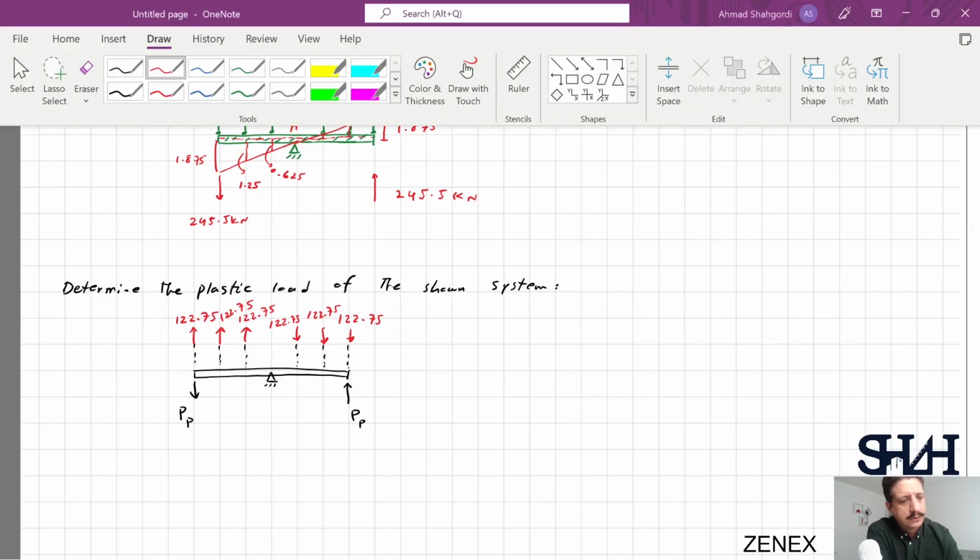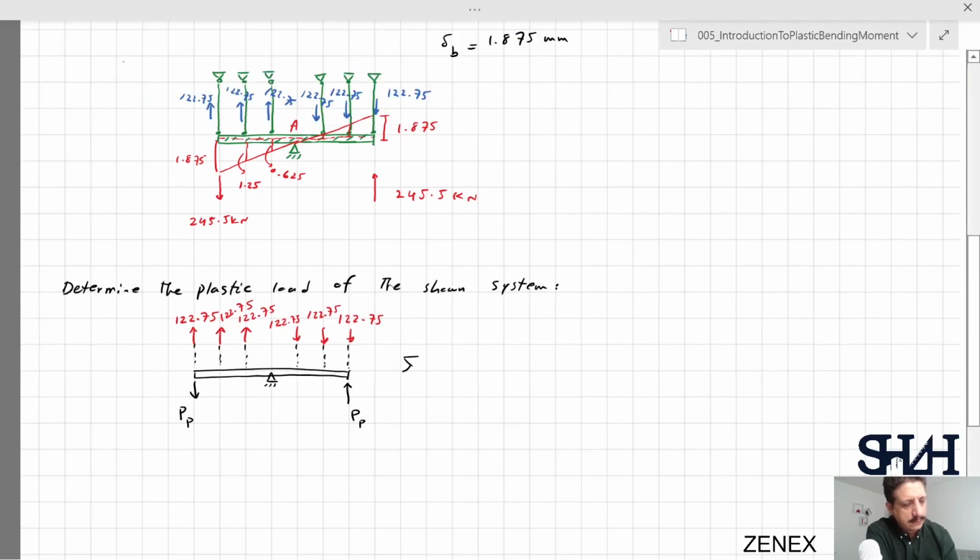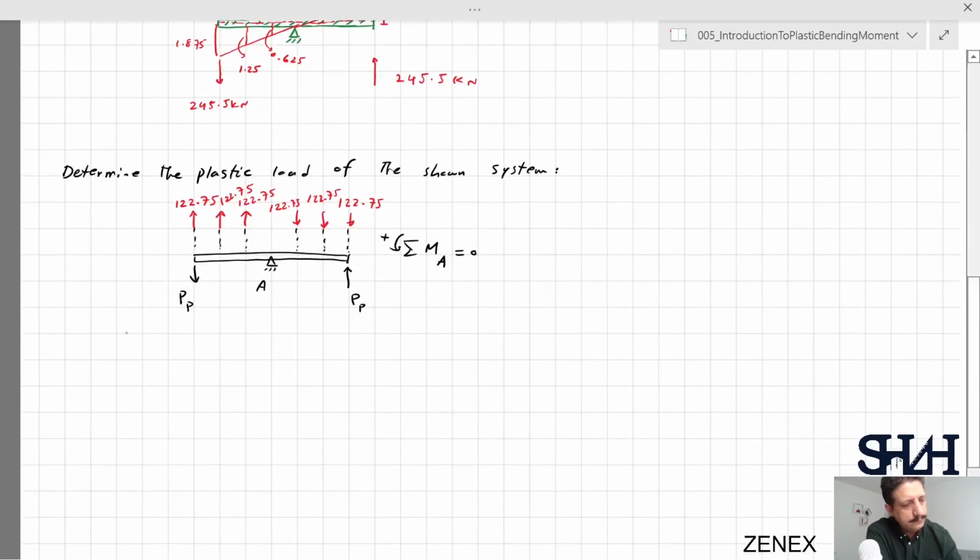Then you need to write only one single equation, sigma moment about A equals 0: P plastic times 3A times 2, minus 122.75 times 3A times 2, minus 122.75 times 2A times 2, minus 122.75 times A times 2 equals 0.